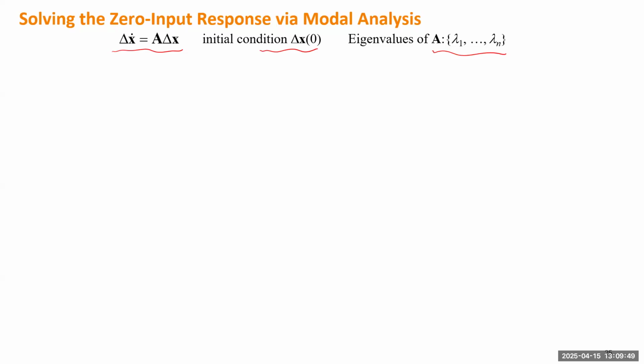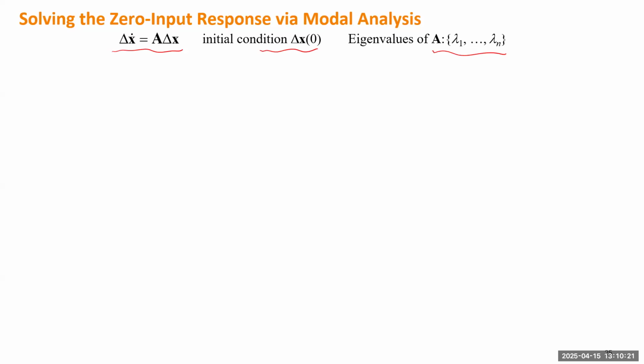So n eigenvalues means you have n divided by 2 pairs of conjugate complex eigenvalues, right? But here we just call those eigenvalues n modes. But you understand they appear as conjugate pairs, which means if lambda 1 and lambda 2 are a conjugate pair, lambda 1 carries all the information of lambda 2. You can call lambda 1, lambda 2 two modes, but actually they represent the same oscillatory mode.